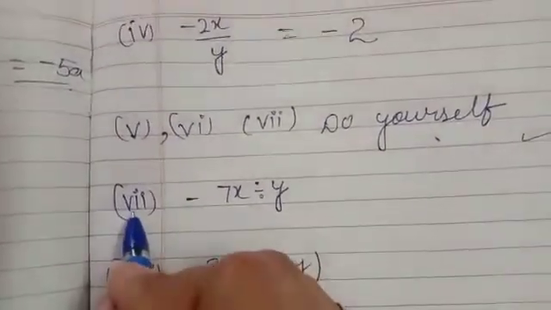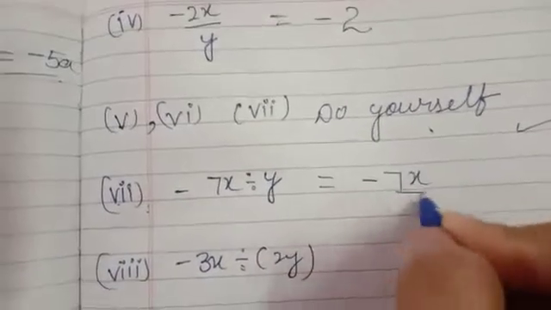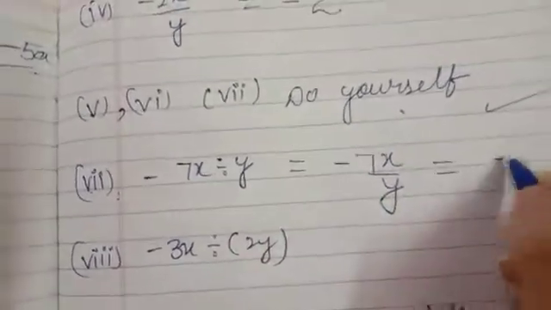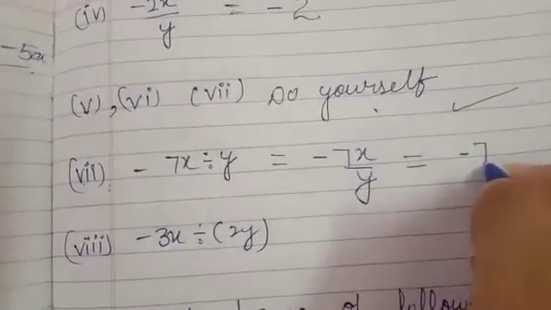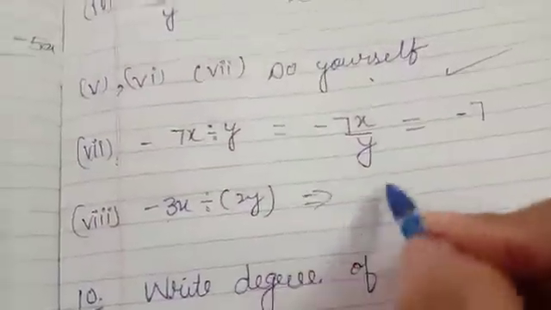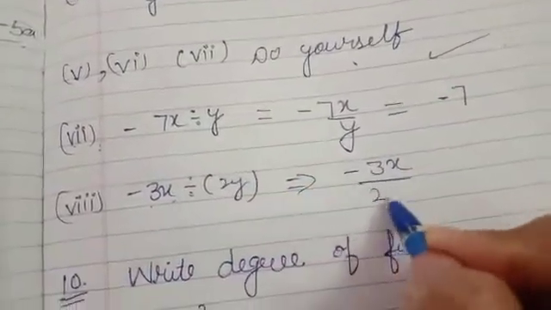Part 7 of this question is minus 7x over y. We will write it like this first. So the numeral coefficient will be minus 7, or can be 7, but we will consider the sign, so it's minus 7. And then the last question, minus 3x divided by 2. So we will write it like this.